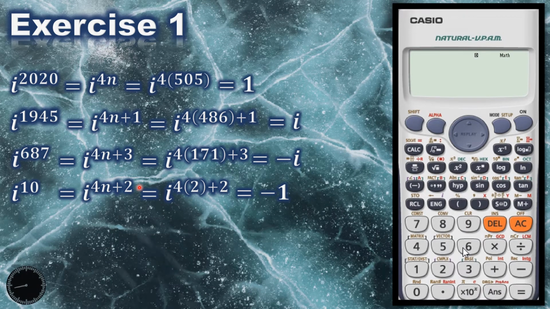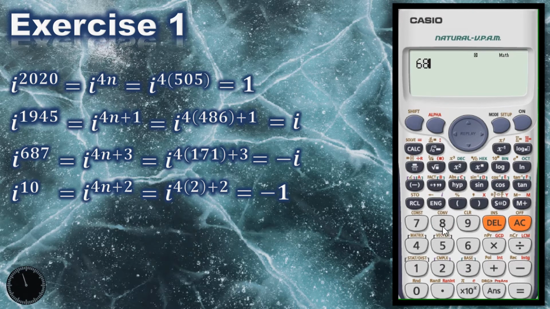Okay, let's see here how to use it with the calculator. We have 687 divided by 4, equals 687 over 4, and with Shift and S-D it will be 171 and 3 over 4. As you see here, the 3 is the remainder. Okay, let's reset.